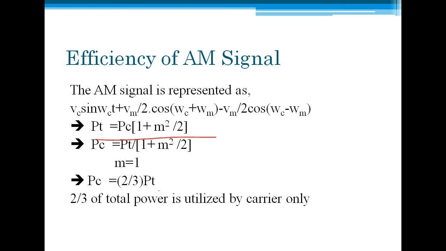So there is a wastage of power, and as this is 2/3, the efficiency of AM comes out to be 1/3 only. So 2/3 is wastage, so efficiency is 1/3. So the efficiency of an AM signal is only 33%, and the wastage is 66.66% to be precise.